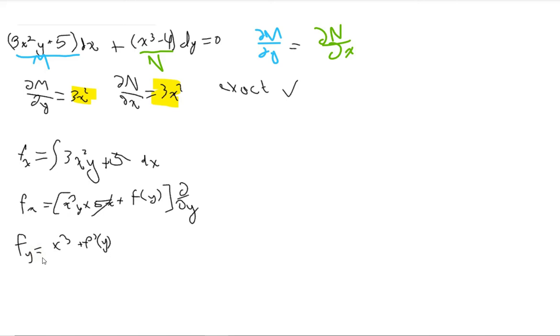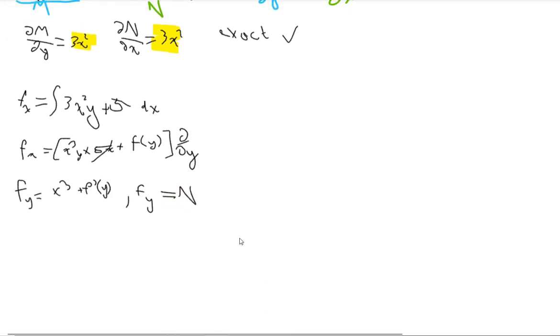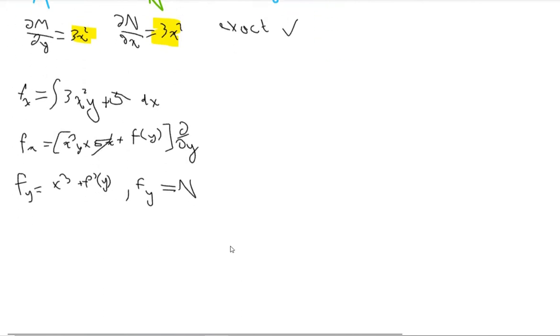Now we have a function of y. We know that f sub y is equal to N. Let's do a little side note here: f sub y is equal to N. What that means is that we can set them equal to each other.